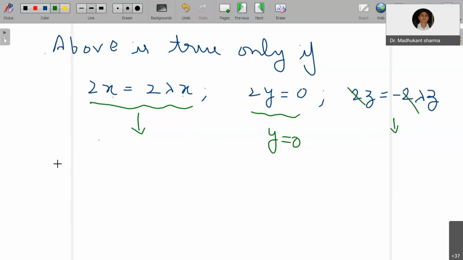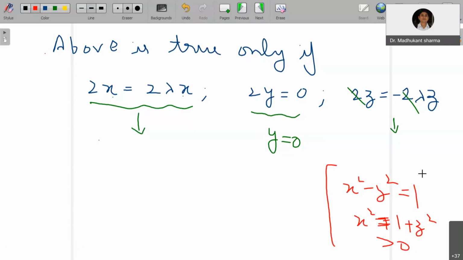Because of the equation of the surface, x square minus z square equals 1, which is only possible when x is non-zero, because x square equals 1 plus z square, so it's strictly greater than 0. z could possibly be 0, but x square will never be 0.